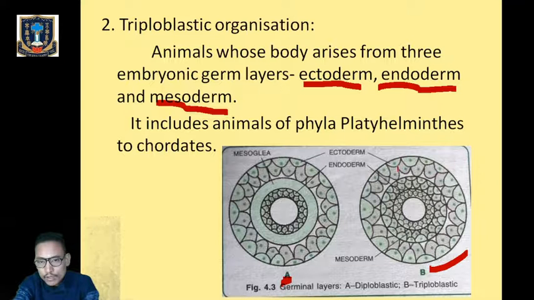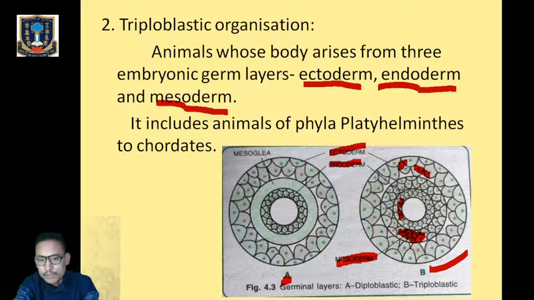This outer layer is the ectoderm. This innermost layer is the endoderm. Now in between this layer and this layer, ecto and endo, we have got the middle layer. This middle layer is known as the mesoderm.